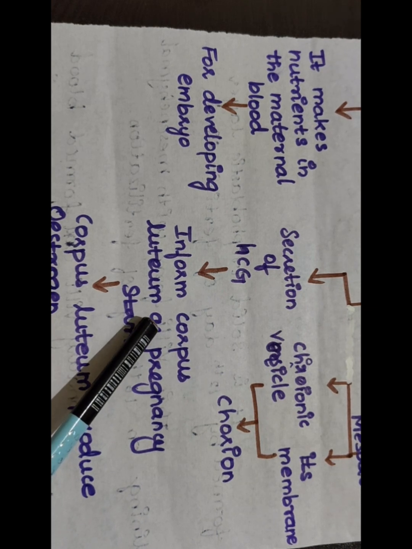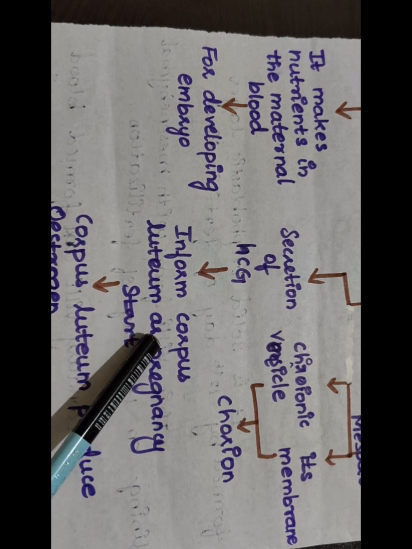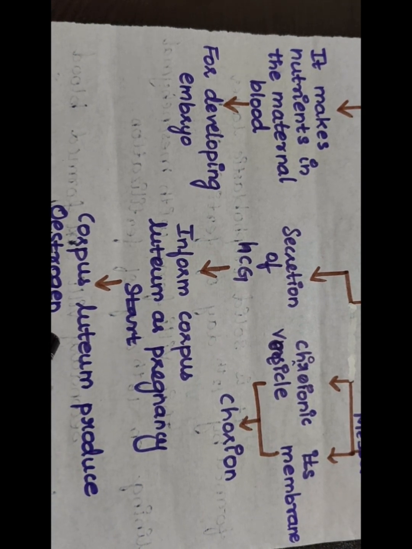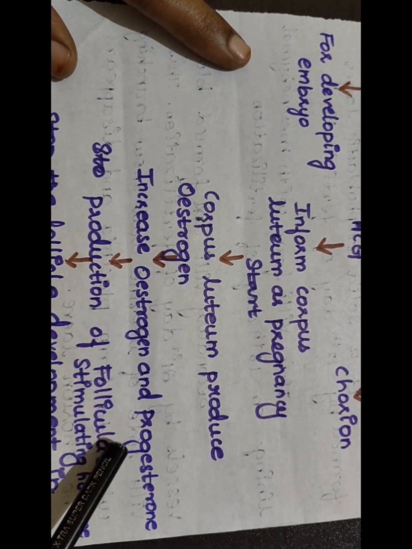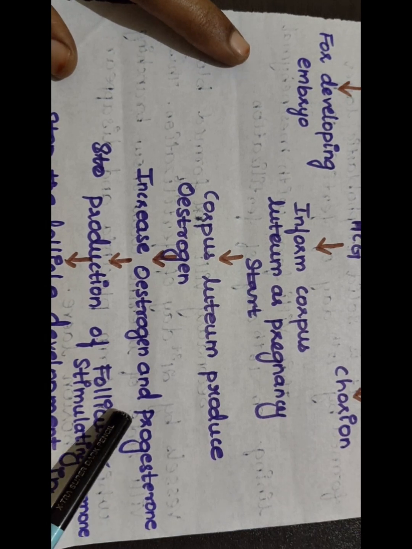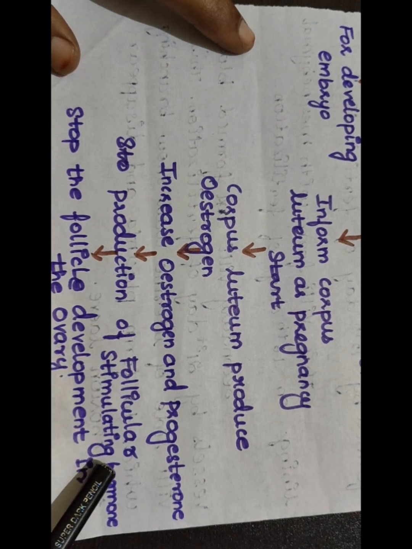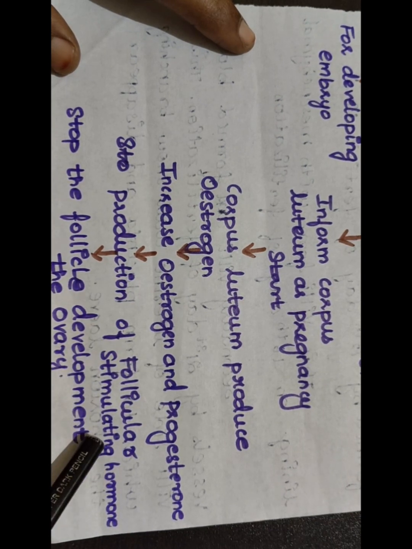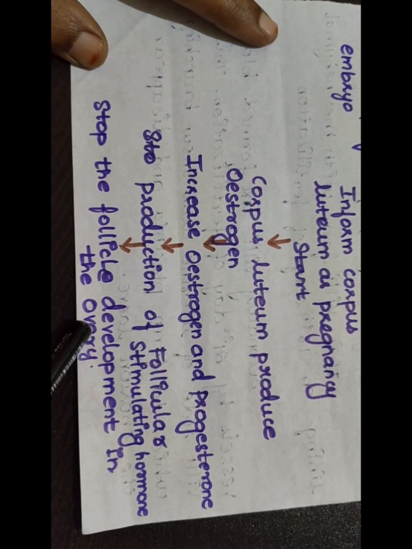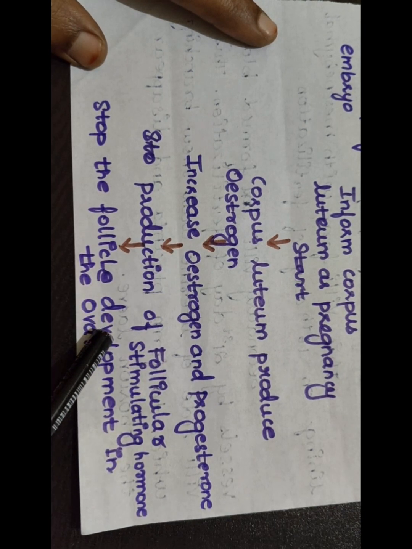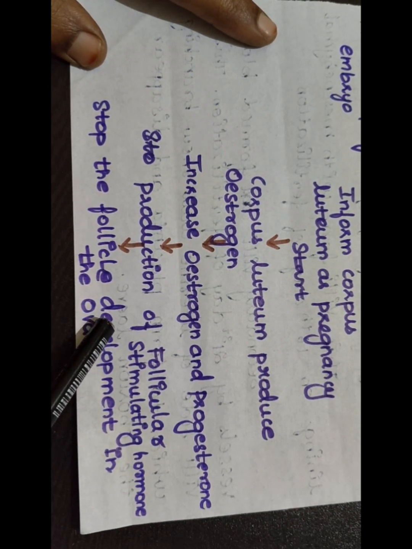When it gets information from the inner layer, the corpus luteum starts to secrete estrogen hormones, and increased levels of estrogen and progesterone occur. Next, the production of follicle stimulating hormone will be stopped, and follicle development in the ovary will stop. If follicle development does not occur in the ovary, it will stop the menstrual cycle and ovulation.